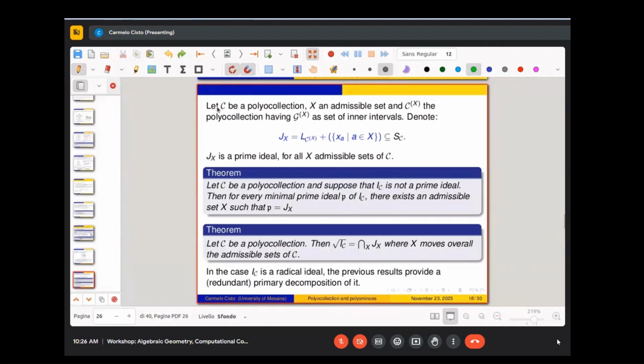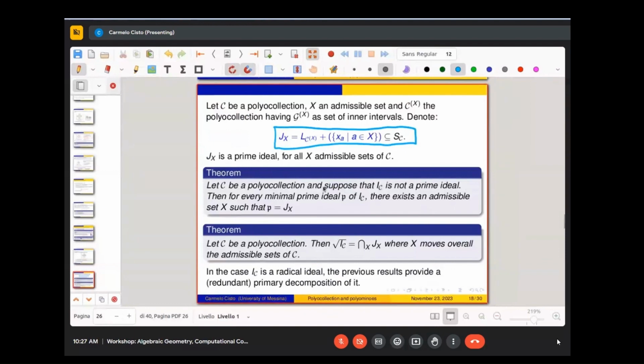So I repeat, considering the polyomino collection, considering an admissible set, considering the associated polyomino collection to the admissible set, we can define this ideal, JX. This ideal is exactly the sum of two ideals, that is the lattice ideal associated to the polyomino collection CX, and the monomial ideal generated by the variables associated to the admissible set.